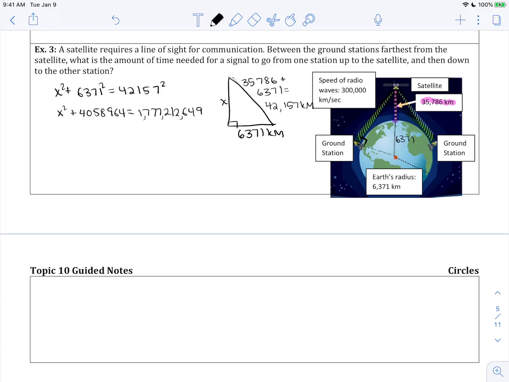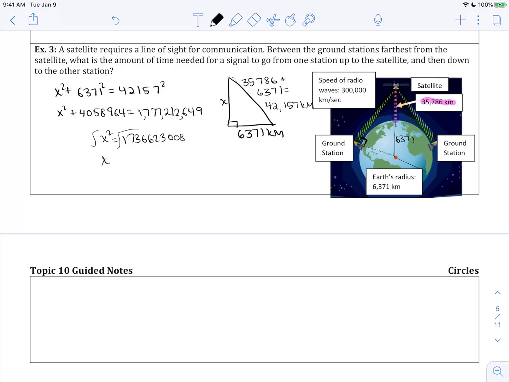We'd subtract that 40 million plus on both sides, and I'd have x squared equals 1,736,623,008.